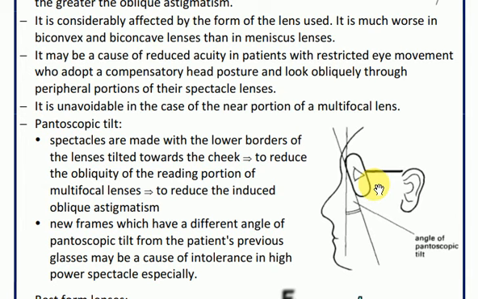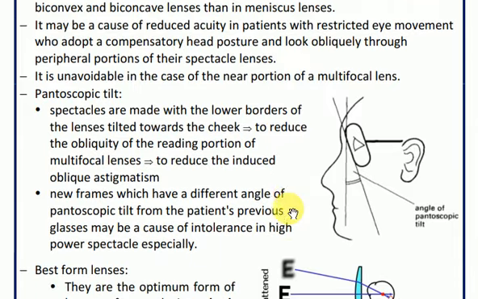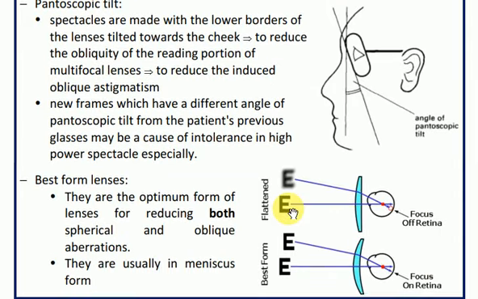Furthermore, oblique astigmatism is considerably affected by the form of the lens used. It is much worse in the biconvex and biconcave lenses than in meniscus lenses. Calculations have been made and tables compiled indicating the optimum form of single lenses for reducing both spherical and oblique aberration.